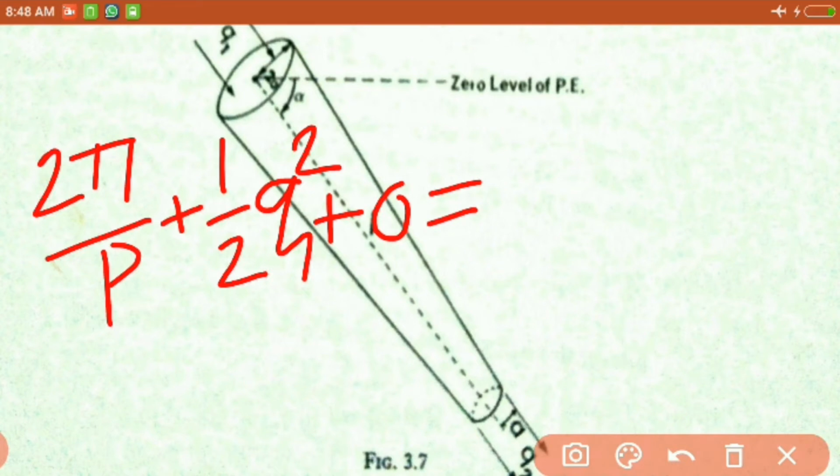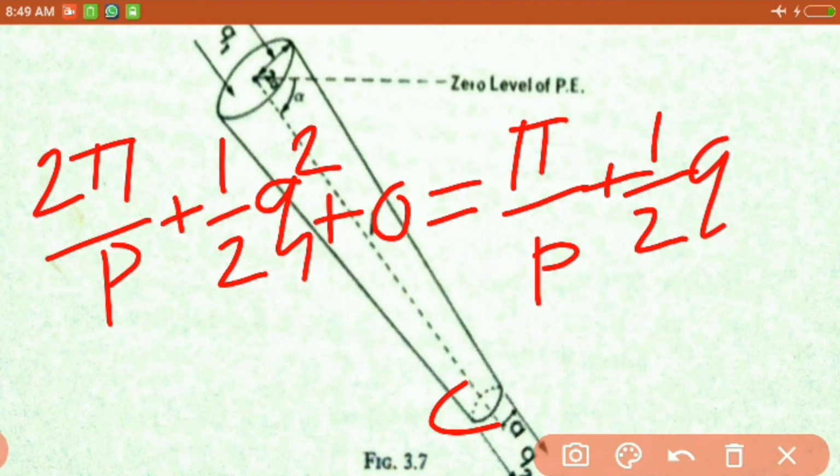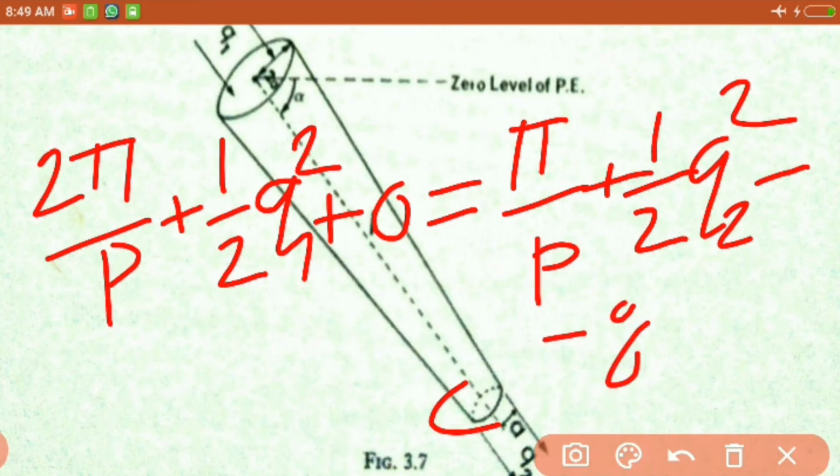and for the exit level, p1 upon rho plus 1 by 2 q2 square minus GL sin alpha.